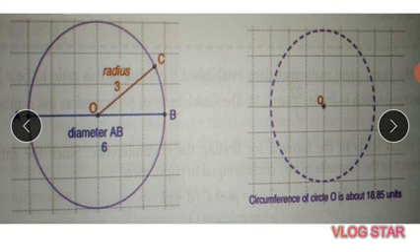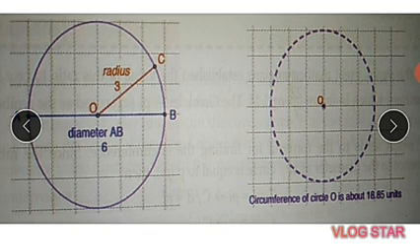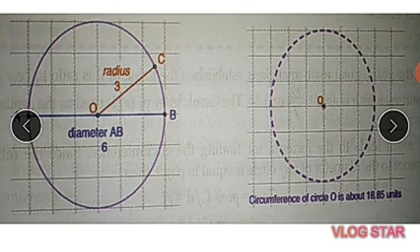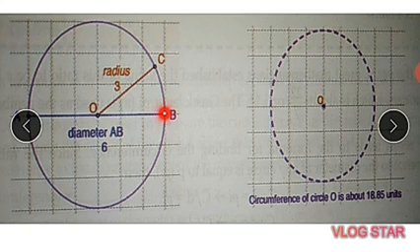So what about the circumference? Circumference is the distance around the circle. So from, let's say, point B around going back to point B, that is what we call the circumference. Okay, so the circumference of circle O is about 18.85 units.